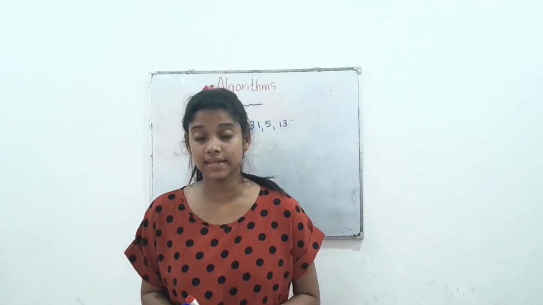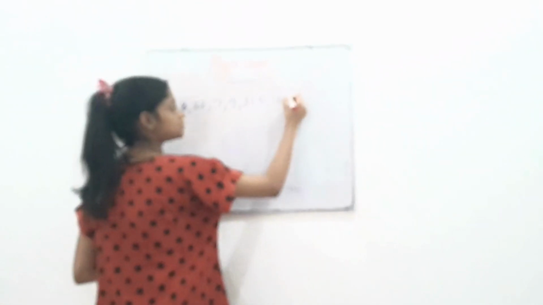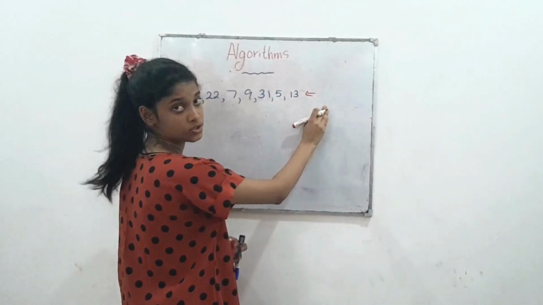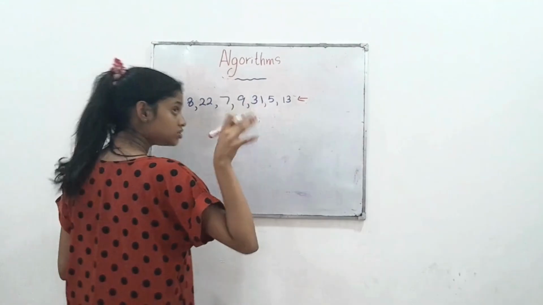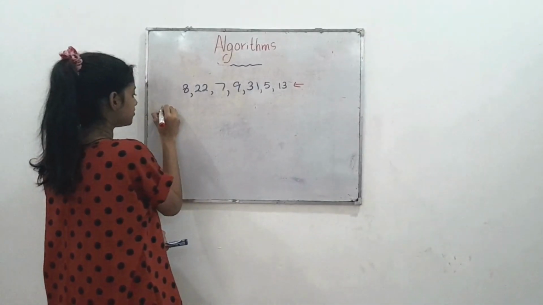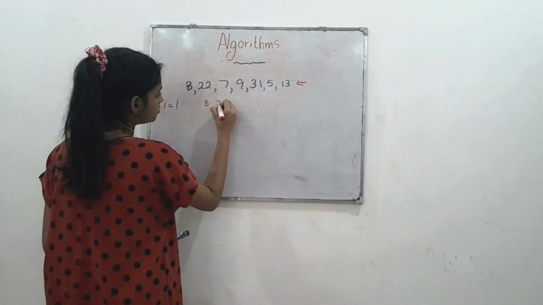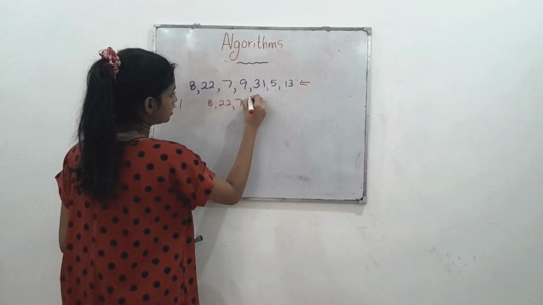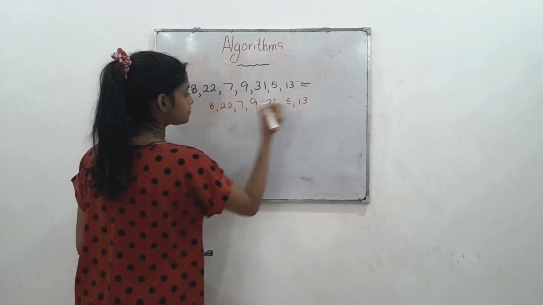Okay, now let's see the calculation. This is the unsorted array and you have to make it a sorted array, right? So this is my first round, i equals 1: 8, 22, 7, 9, 31, 5, 30.